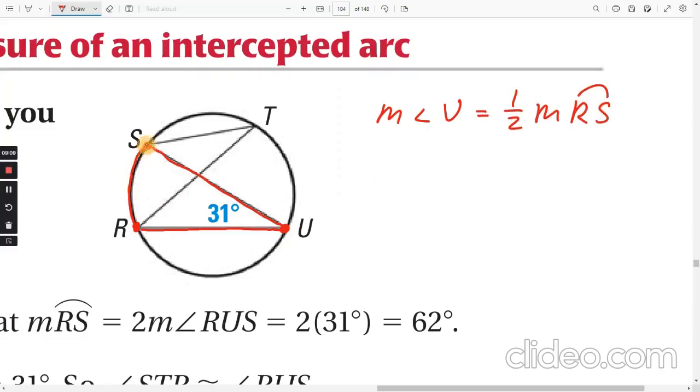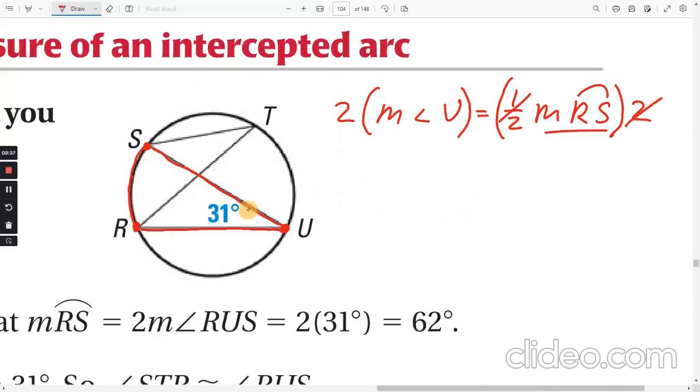Now, since we don't have arc RS, we're not going to multiply it by 1/2. I want to get rid of the 1/2, and the way to do that is to multiply both sides by 2. 2 times 1/2 cancels, because 2 times 1/2 is just 1, and we're left with the measure of arc RS.